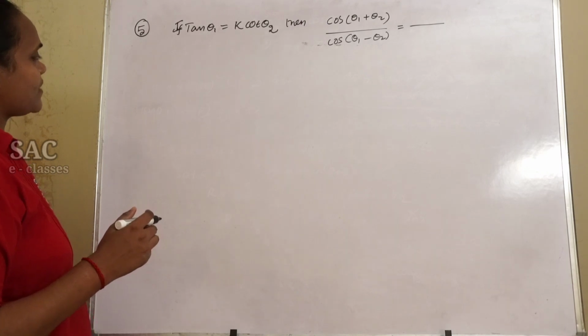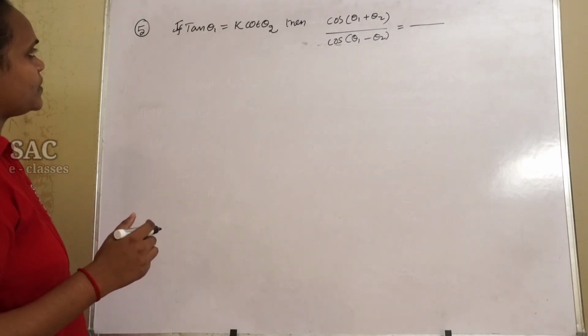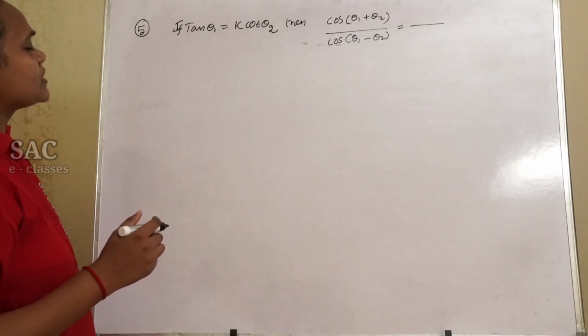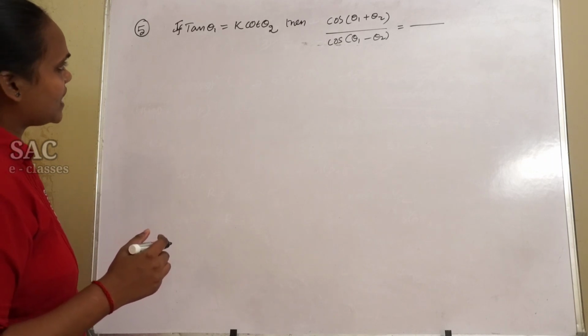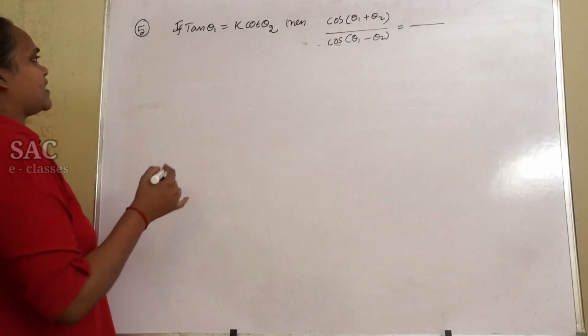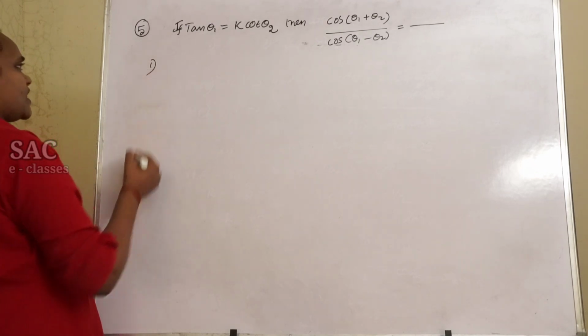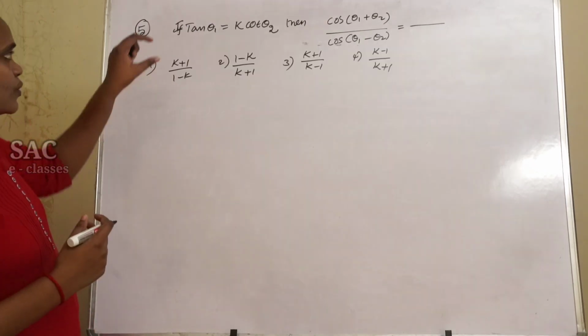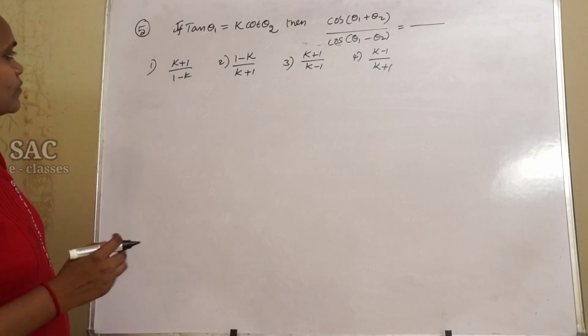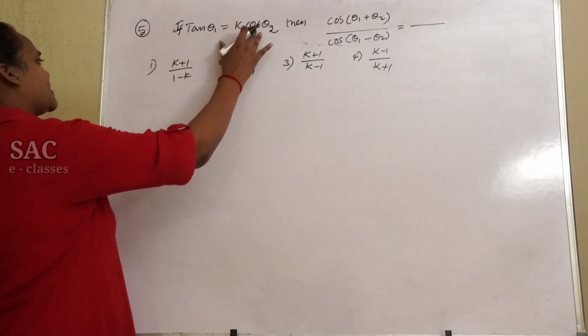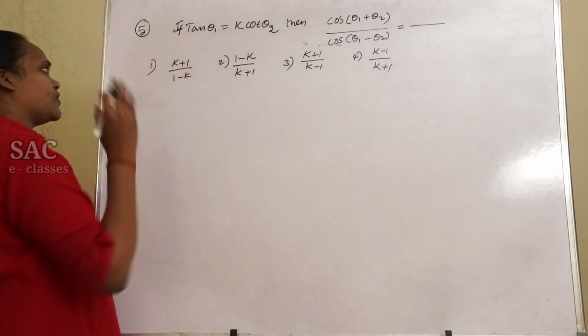If tan theta 1 is equal to k into cot theta 2, then they are asking you to find out the cos of theta 1 plus theta 2 by cos of theta 1 minus theta 2. Let's observe the options here. By looking at the options, one thing is clear: something is added to the k and subtracted also.